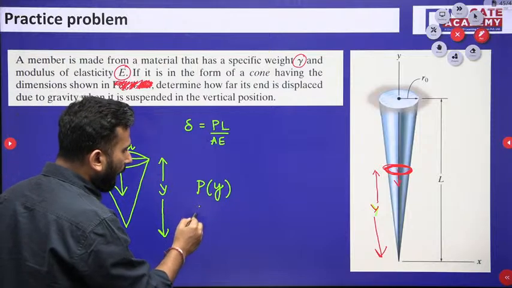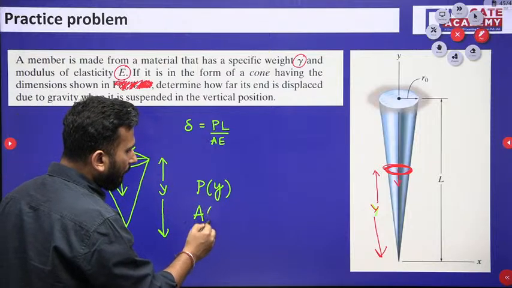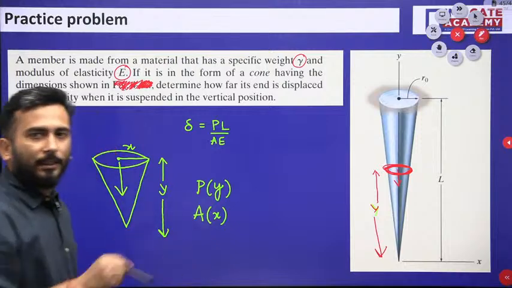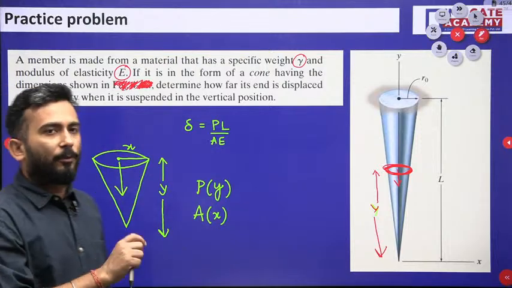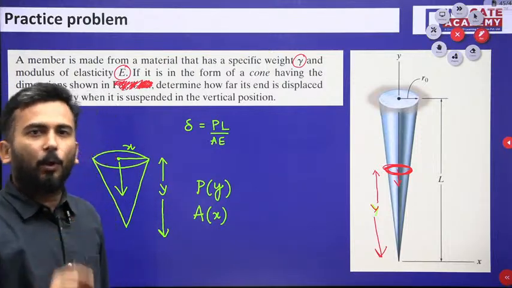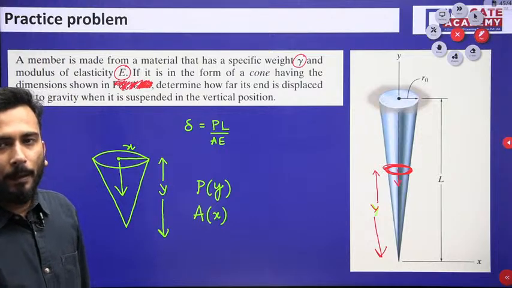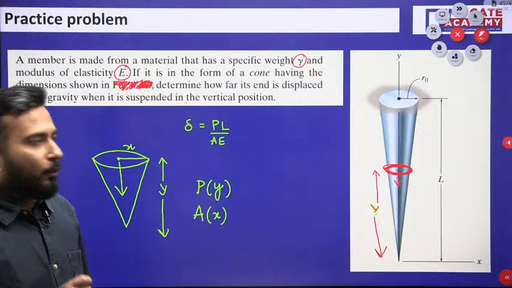Then I will also get the area at the section, and then I will find the delta for that small section. Are you able to understand this?